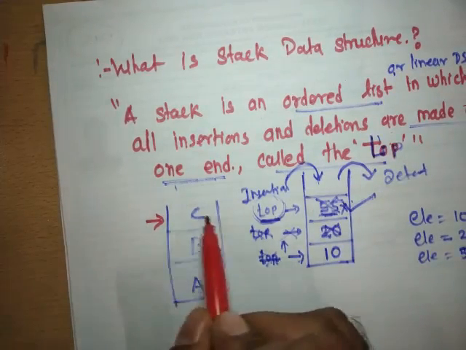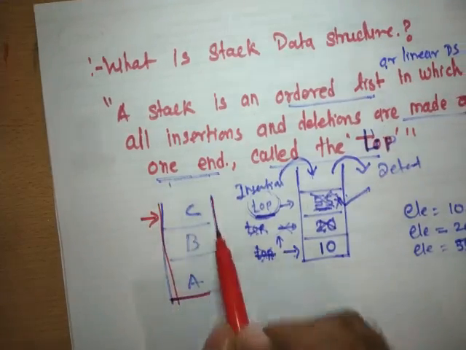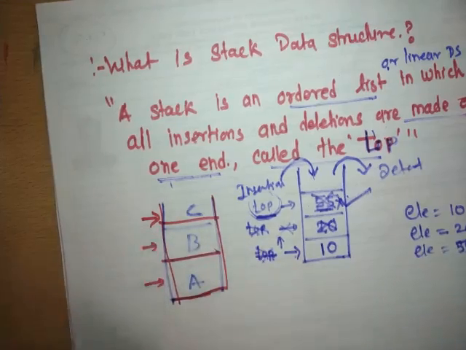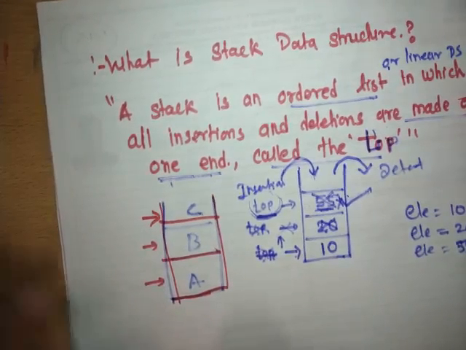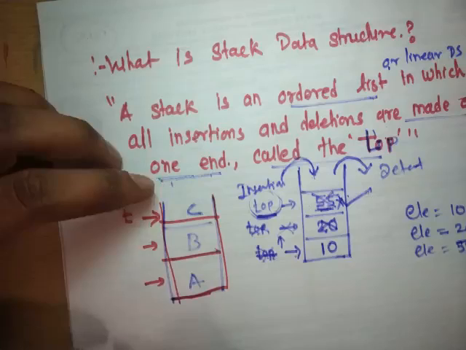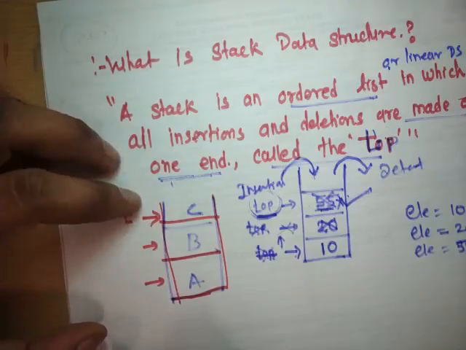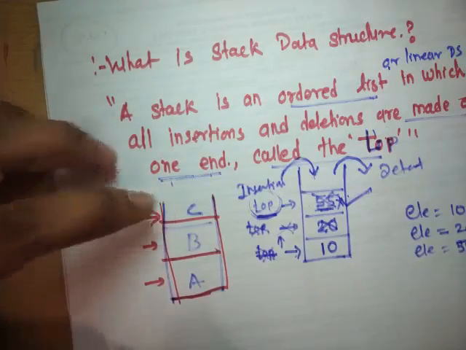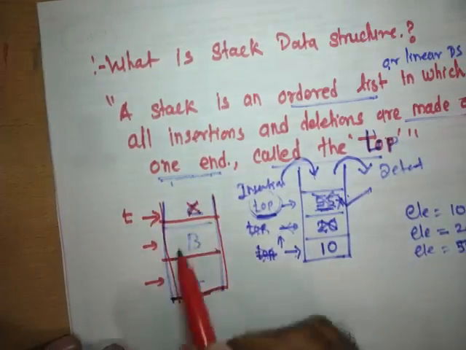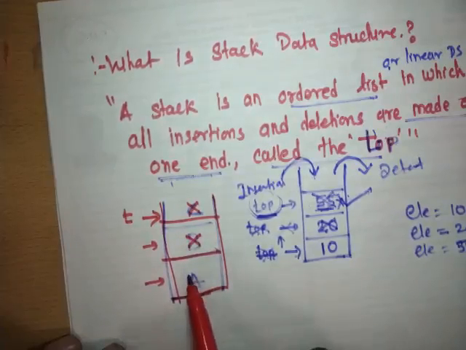That is C. Since we are inserting elements through the top end only, every time your top will be incremented by 1. So now your top is pointing to this location. Now if you remove or delete an element from this stack, which element will be removed first? That is C, then B, and then A.